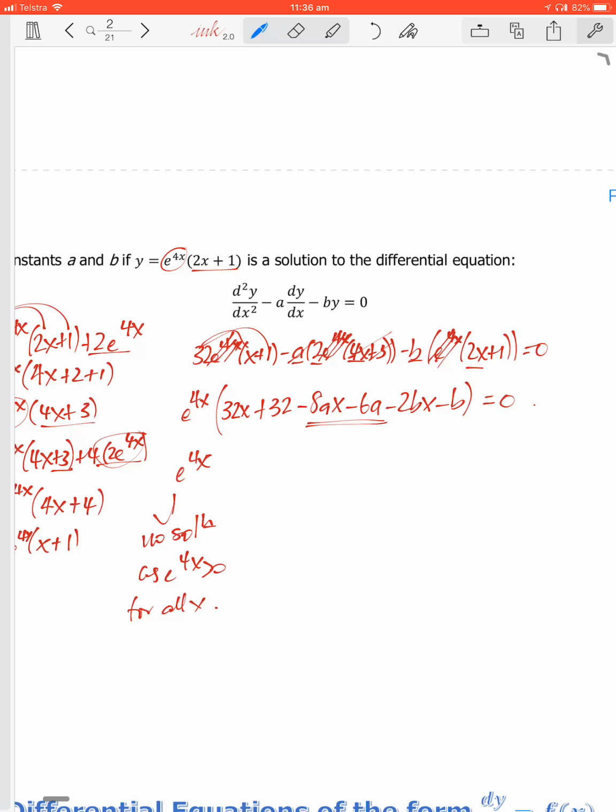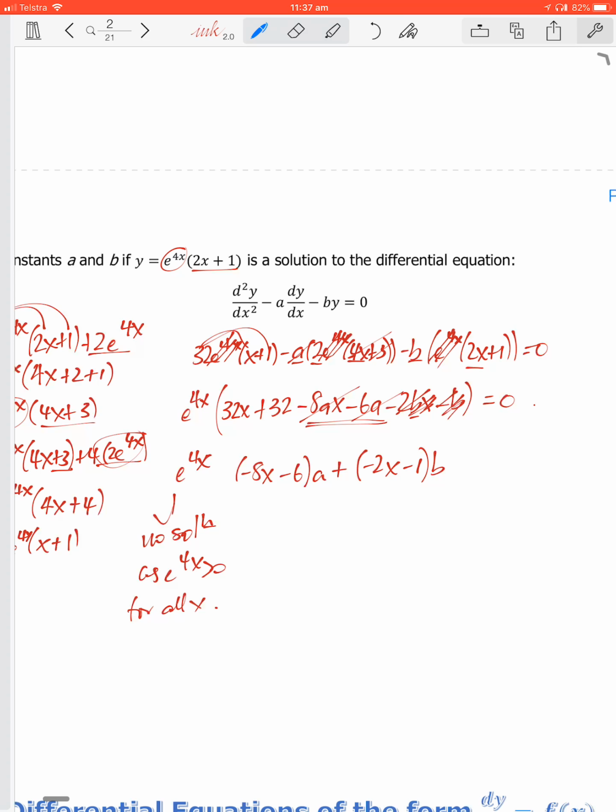We're going to get negative 8x minus 6a. And let's group together our b terms. So negative 2b minus b, and that is, what am I doing? Negative 2x, and then minus 1b.